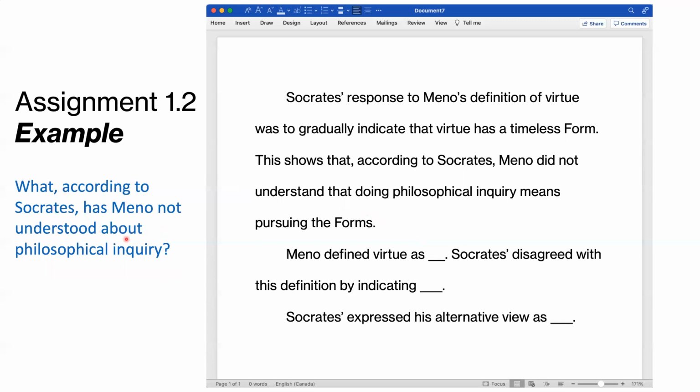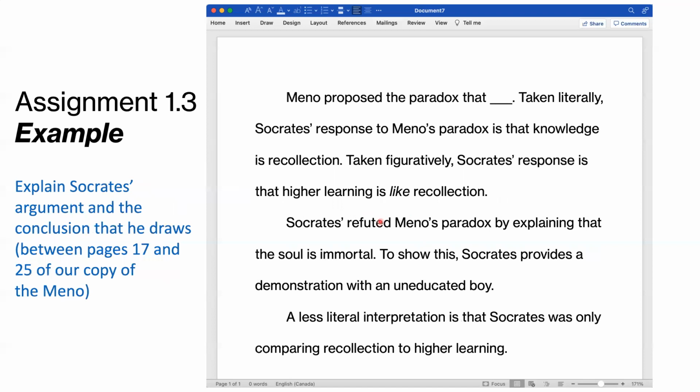So we answered the question and introduced what we're going to say in the next paragraphs. Now we say Meno has defined virtue as blank. Socrates disagreed with the definition by indicating such and such. Final paragraph, Socrates expressed his alternative view as something. Okay, very clear, answers the question.